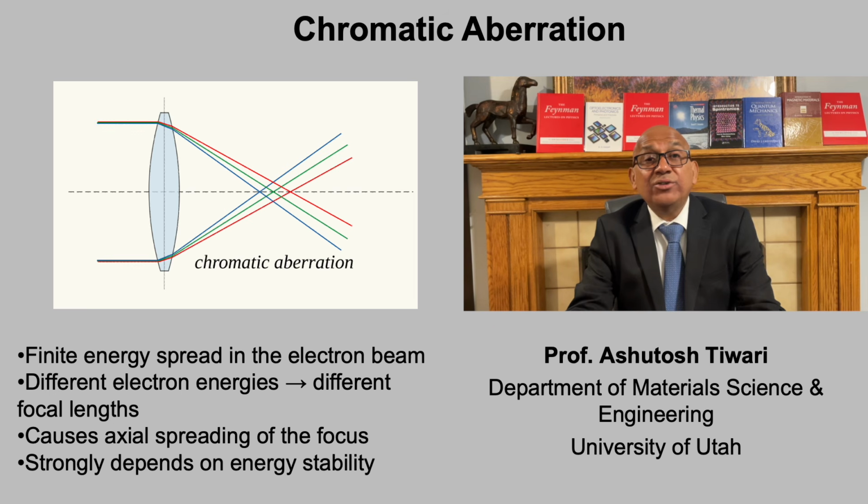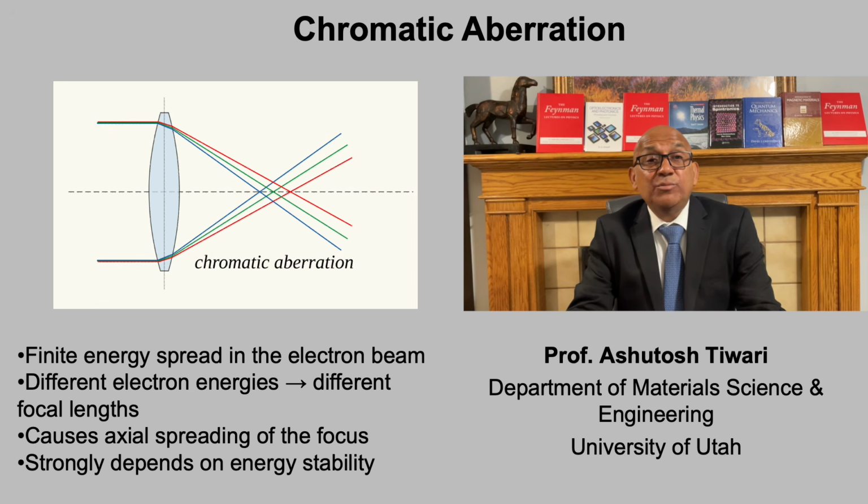Higher energy electrons are bent less and focus farther away, while lower energy electrons are bent more strongly and focus closer to the lens. As a result, instead of forming a single focal point, the beam exhibits an axial spread of focus, which increases the probe size and degrades the resolution.